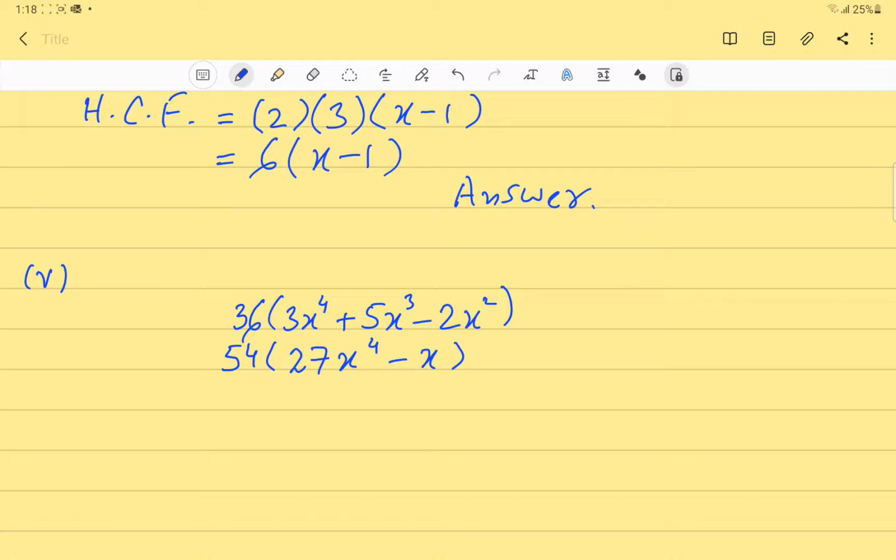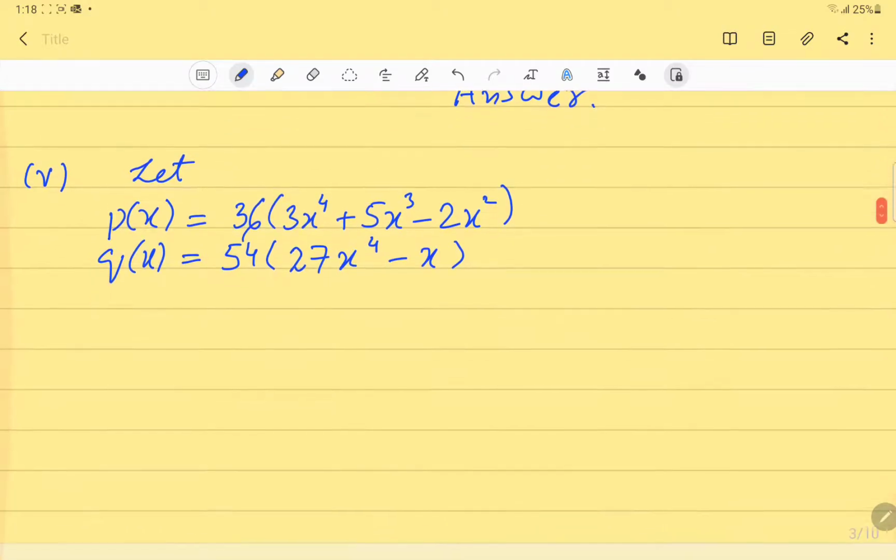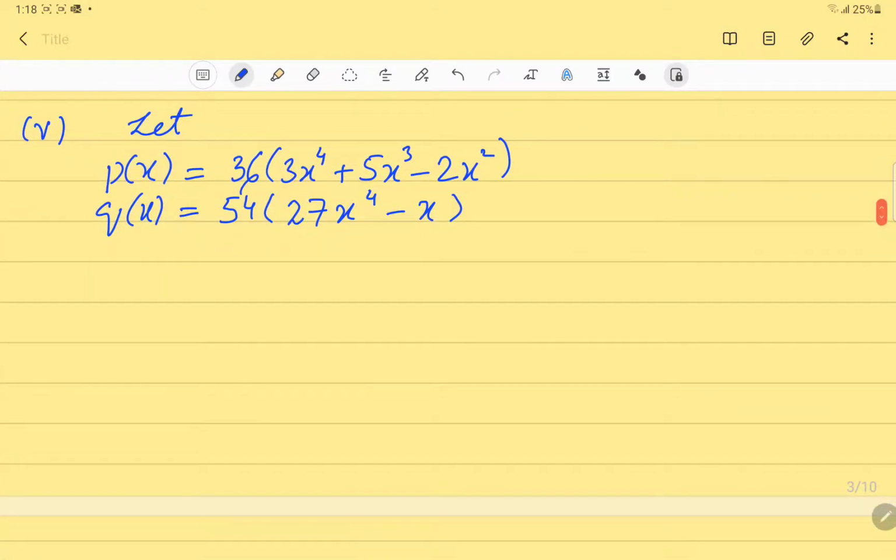Like the last four questions, we will give them some names. So let P(x) be the first one and Q(x) the second expression. Let's start with our first expression. We will factorize it.